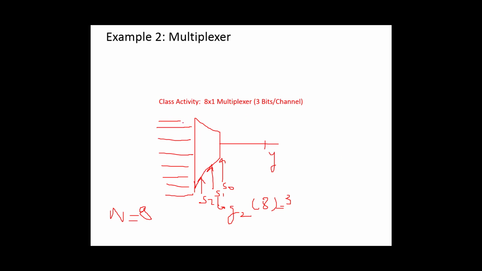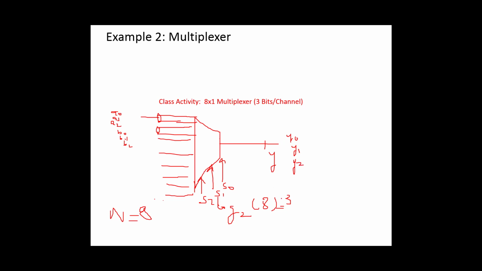So each channel is in fact composed of 3 bits, A0, A1, A2. Similarly channel B is composed of B0, B1, B2 and so on. So our task would be to write Boolean expression for the output bits which are Y0, Y1 and Y2.